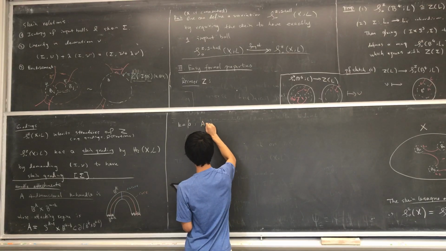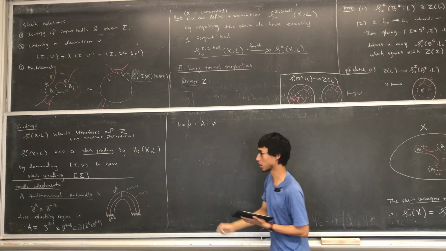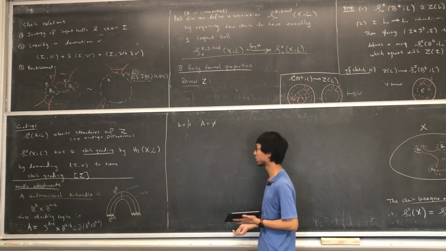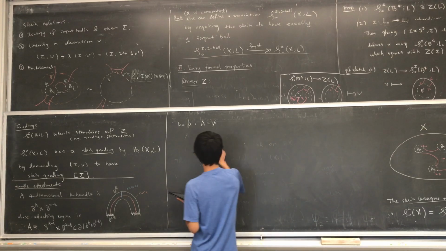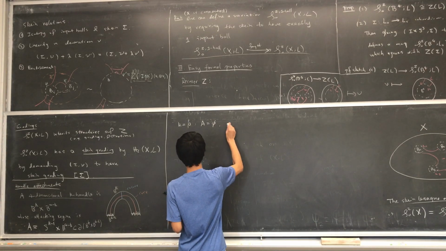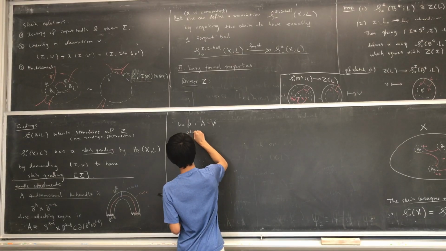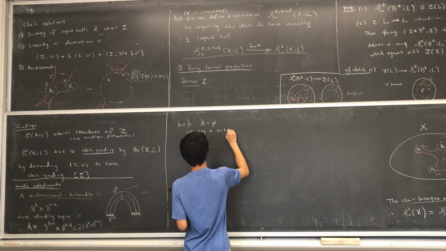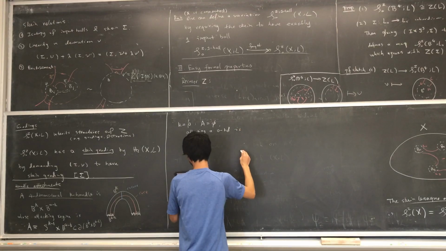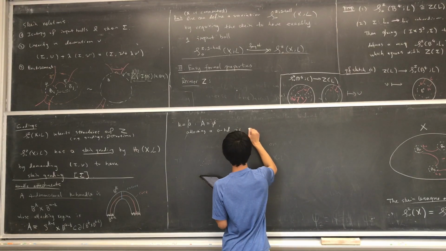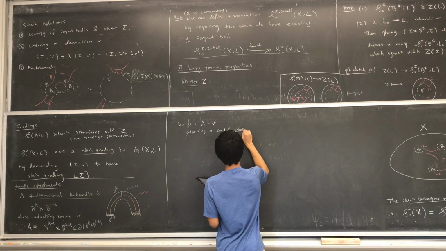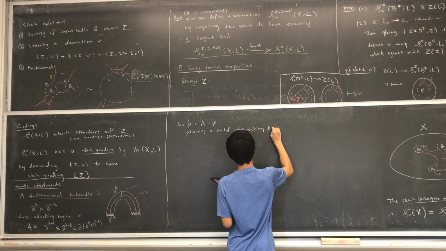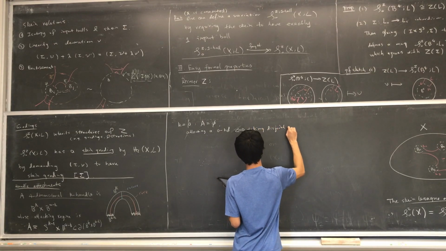When k equals 0, the attaching region is empty. It's S^(-1) times something, and S^(-1) is the empty manifold. So attaching the 0-handle is the same as taking disjoint union with a four-ball.